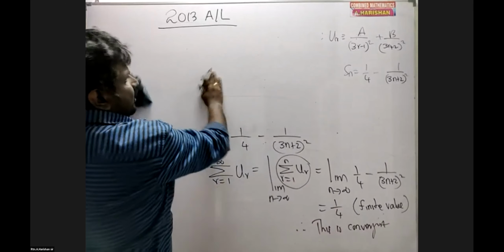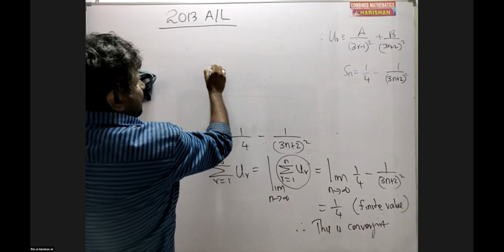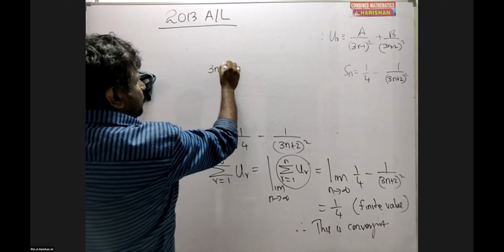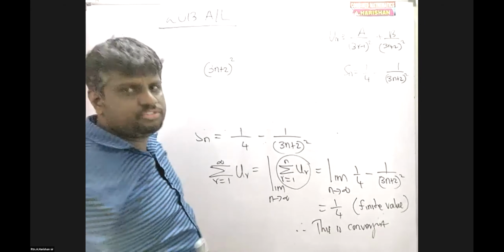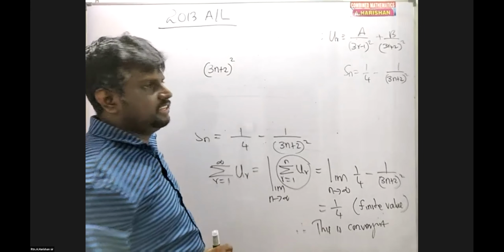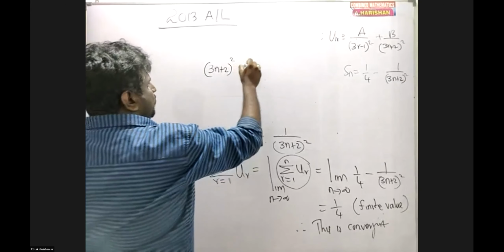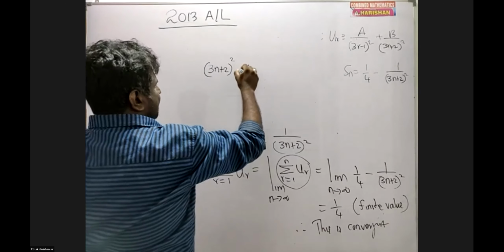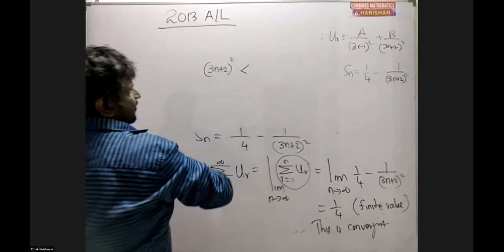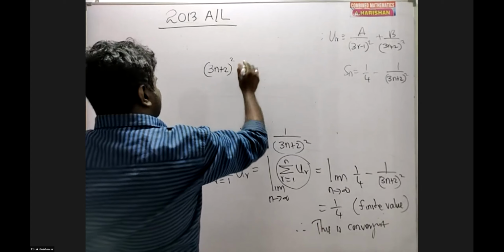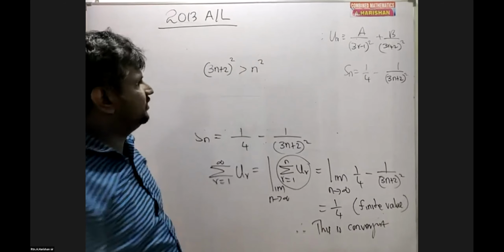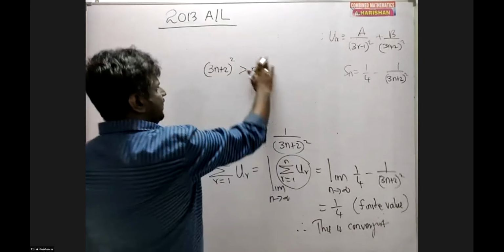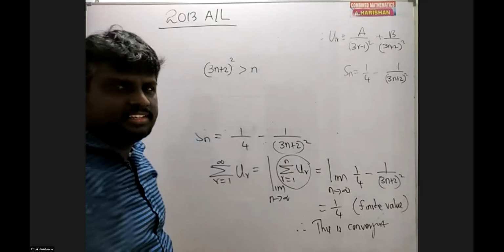Here, you know that 3n plus 2 whole squared is greater than n squared, or you can put n. Is it clear?